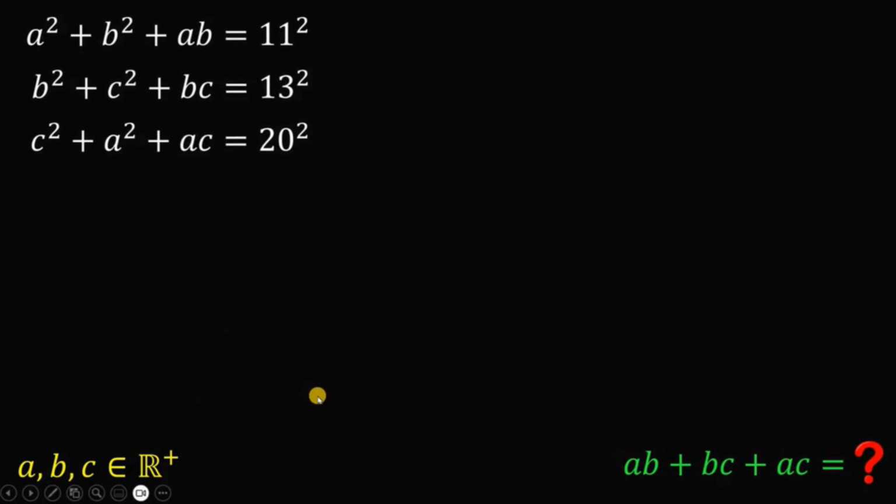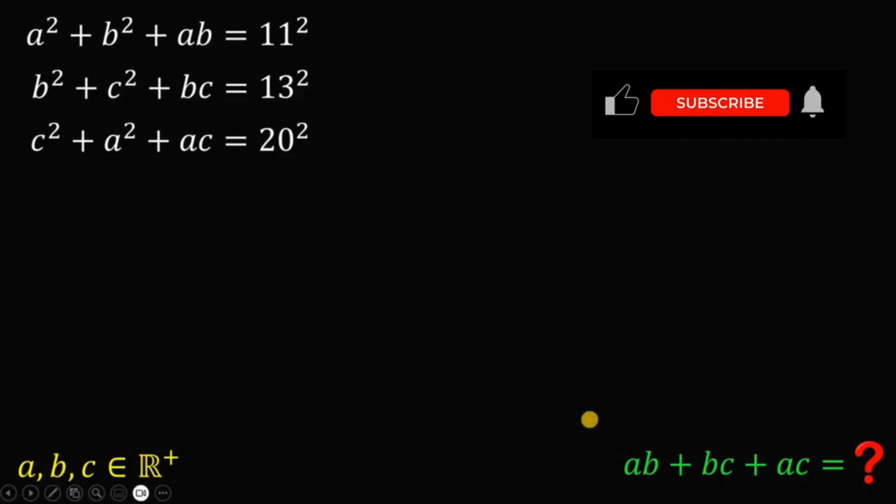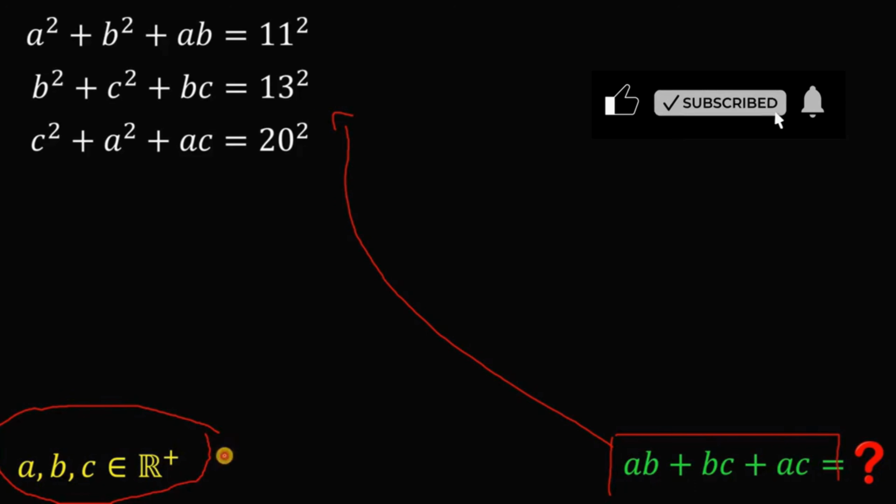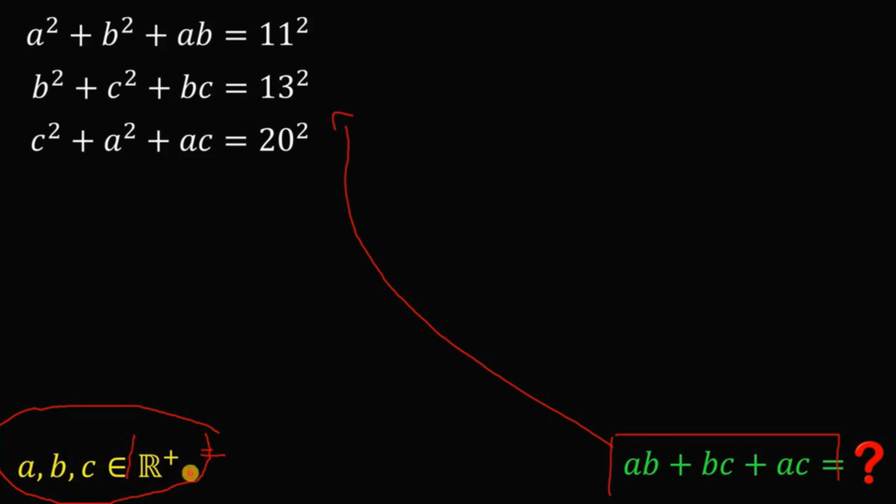Alright. So our goal here is to solve for the value of AB plus BC plus AC given these three equations wherein A, B, and C are positive real numbers. Now, I have here two suggestions.